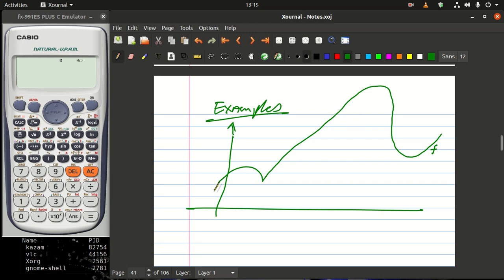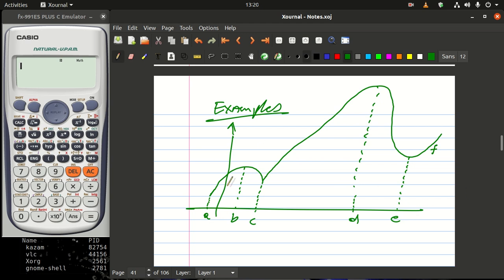Here is point A, and this point here I'm going to call point B. Then I take this point here and call it point C, and this point down there, the x value is going to be point D, and then I call this point here point E.